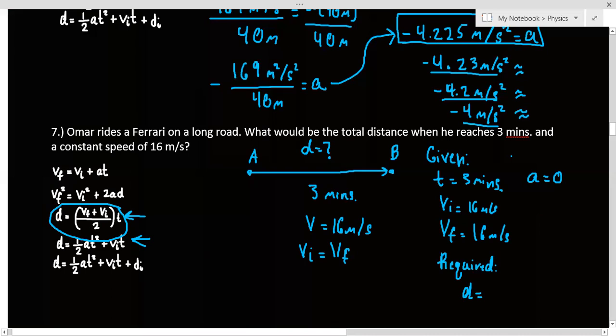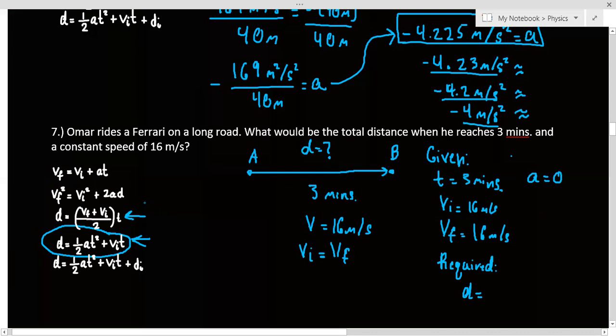In the fourth formula, you also have displacement to find, right? Then you have acceleration, time, and initial velocity. So you can still use it. As long as in an equation, all the variables are given except one, which is the one you are looking for, you can use it.